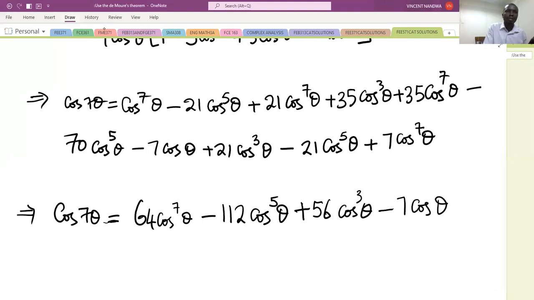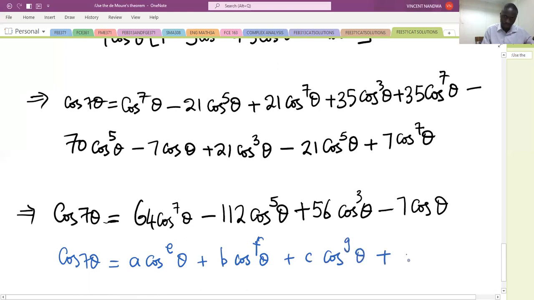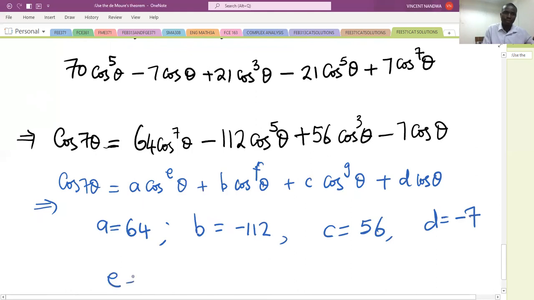So if you relate with what we were given as cos of 7 theta being a cos power e theta plus b cos power f theta plus c cos power g theta plus d cos theta, it implies that the value of a is 64, b is minus 112, c is 56, d is minus 7, e is 7, f is 5, and g is 3.